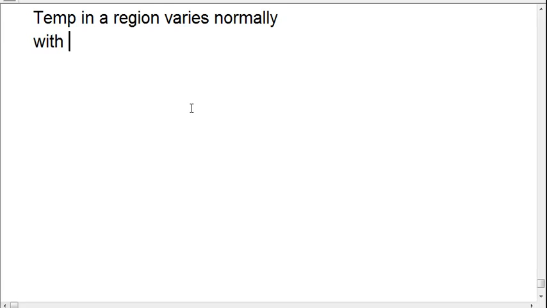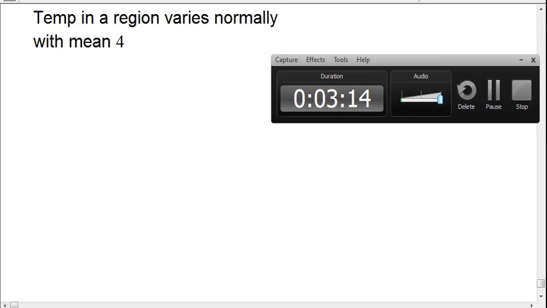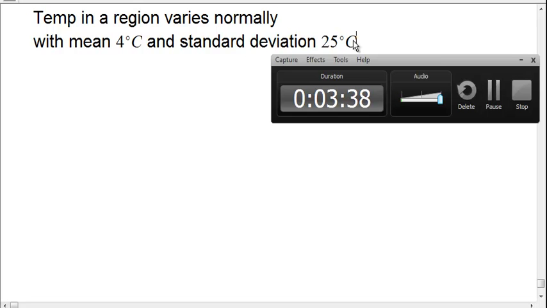With a mean of, say, 4 degrees Celsius, okay? Everybody clear? And standard deviation, say 25 degrees Celsius, all right? So say we know that, right?